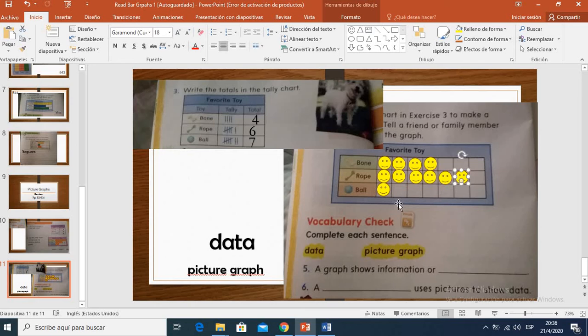Very good. And the last one is a ball. How many? 7. Very good. 7 balls for ball toy.